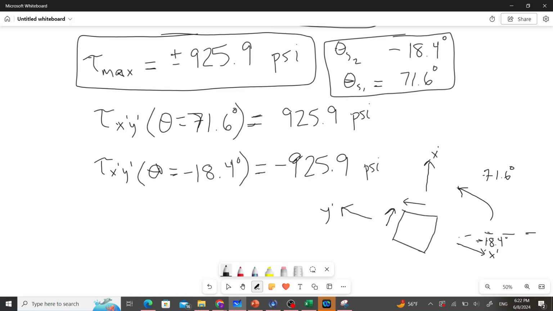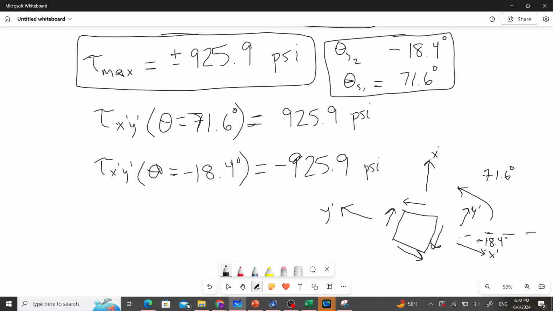Then if we draw a shear on this one in the negative direction, our x and y axes would be like this for that rotation. It's almost like treating two separate rotations. For negative 18 degrees we get a negative shear, so for this rotation of the x and y axes, the negative direction would be drawn like this. Okay, so that shows you what the max shear would look like on the stress element.